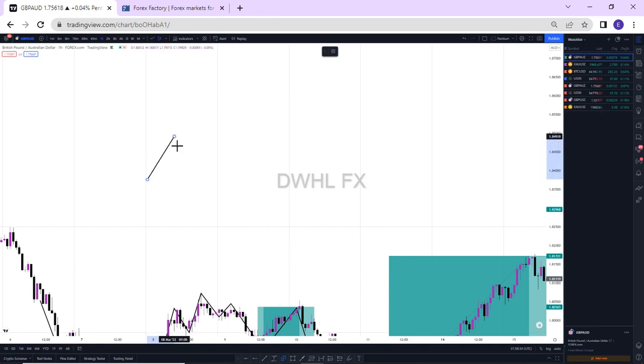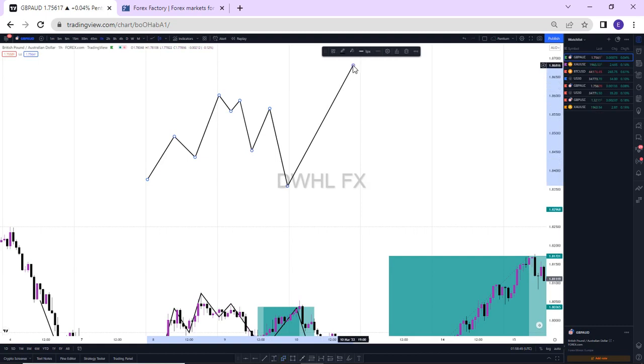So this is basically what we are seeing here. We see price doing something like this for the main direction to happen. Very basic. So we are marking the zone.